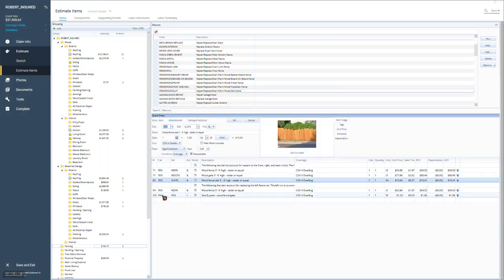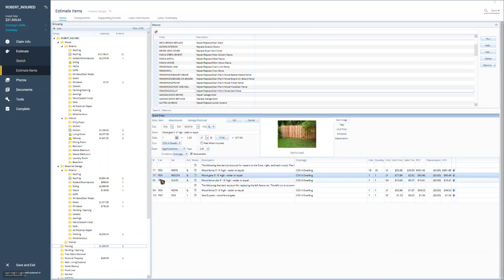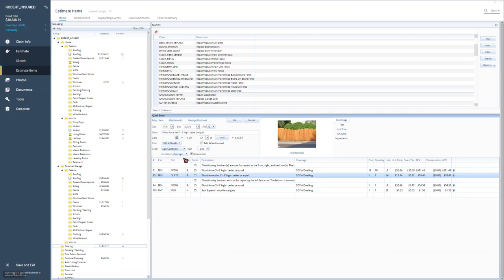Okay. So let's go in and put our numbers in. We had 18 slats. This is on the front, right, and back again. We're going back and putting our numbers in. 18 slats. We had 20 feet of fencing. No gate. We'll just take the gate out. 20 feet of fencing.